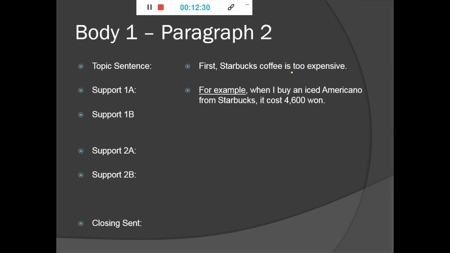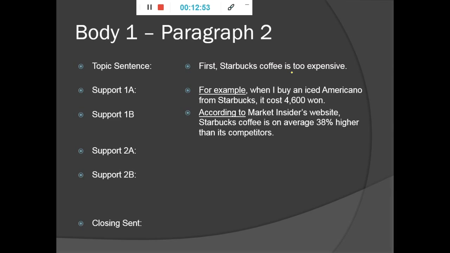For example, when I buy an iced Americano from Starbucks, it costs 4,600 won. Okay, so what kind of example is that? That is personal experience. So a personal anecdote could be one type of support.